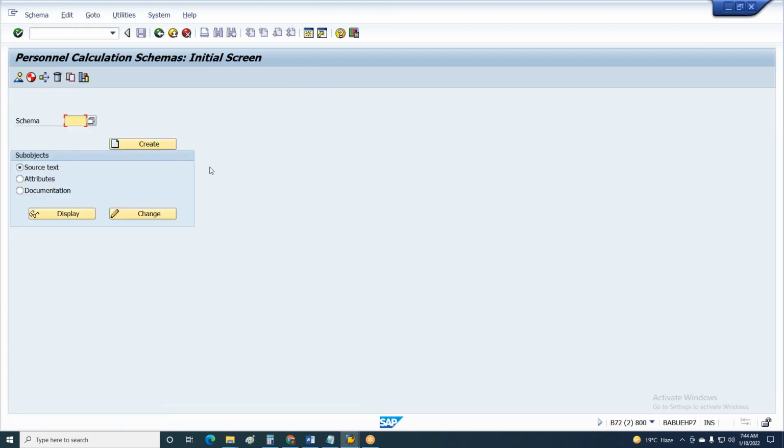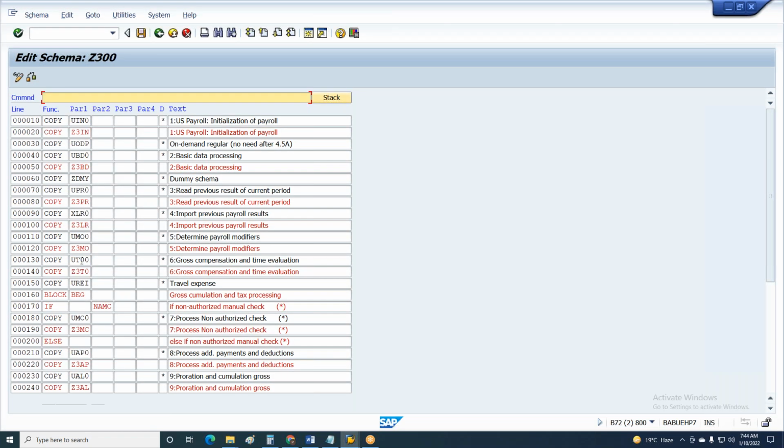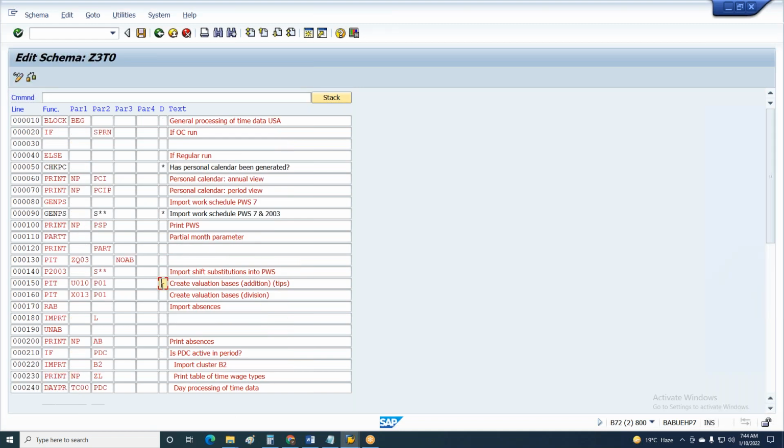I'm going to use my own rule for the calculation of the rates, so temporarily I deactivate them. Okay, create valuation basis. Valuation basis means always /0 series wage types, which are rates.